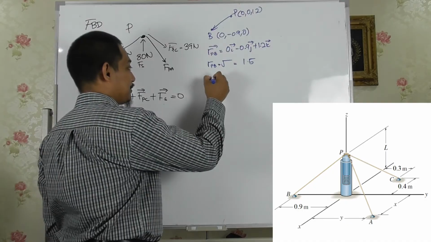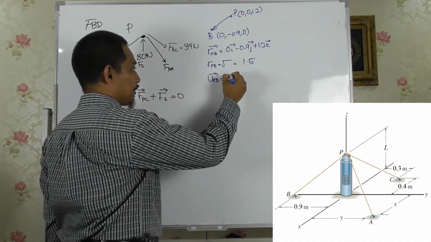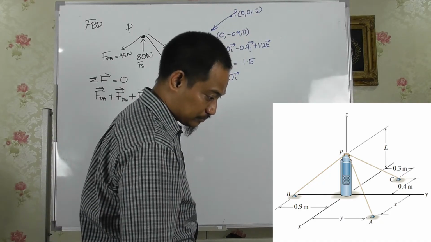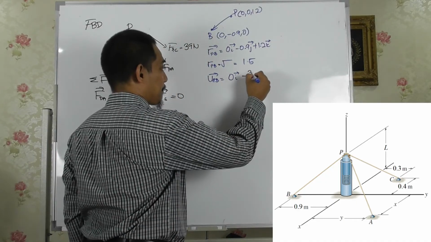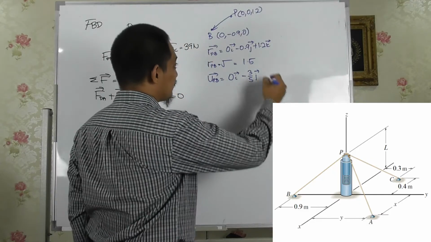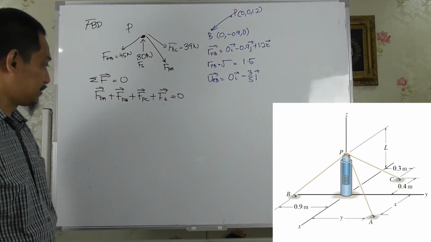And then UPB is just this divided by this, so you have 0i minus 3/5 j plus, sorry, I made a mistake.